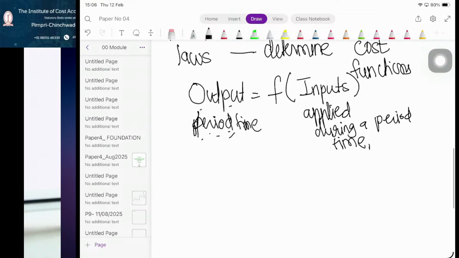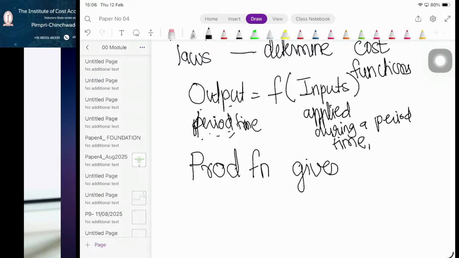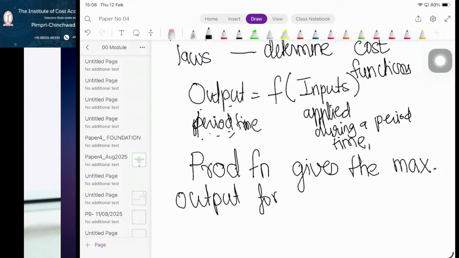Have you understood production? Let us just write this: production function gives the maximum output for a given set of inputs.